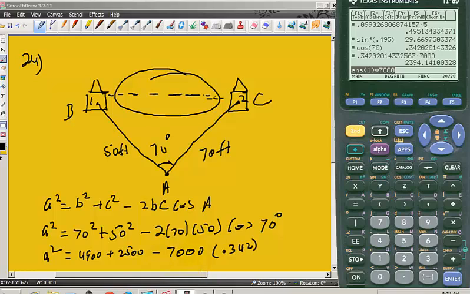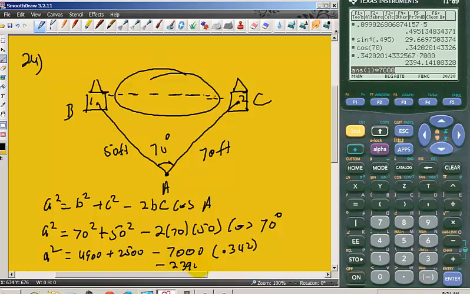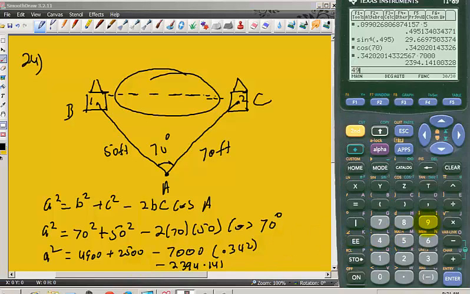Okay, so this turns into a minus 2394.141, and I have 4,900. Okay, back it up, 0, 0 plus 2,500.